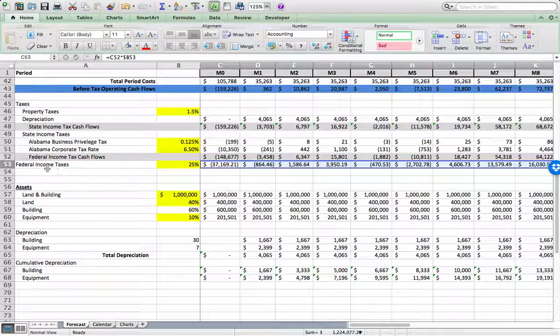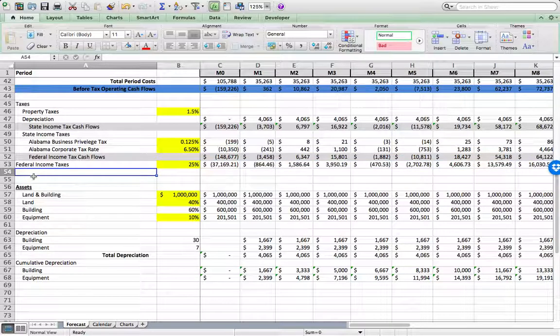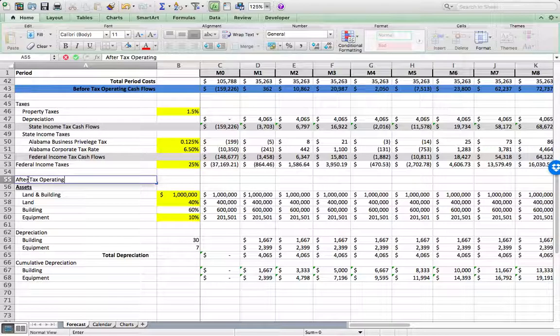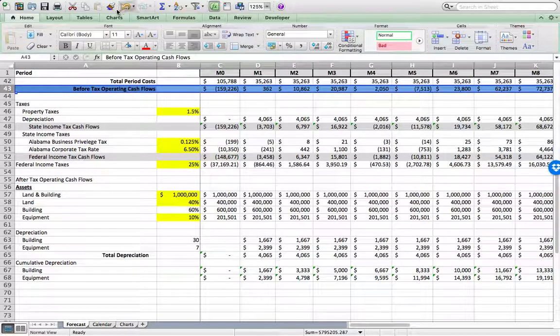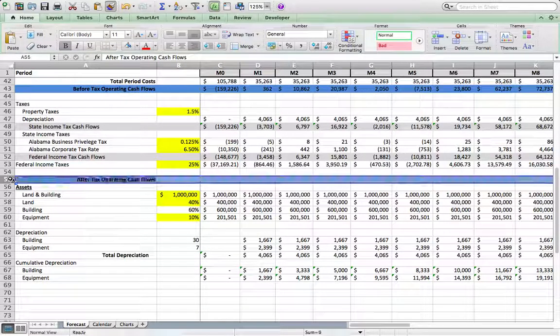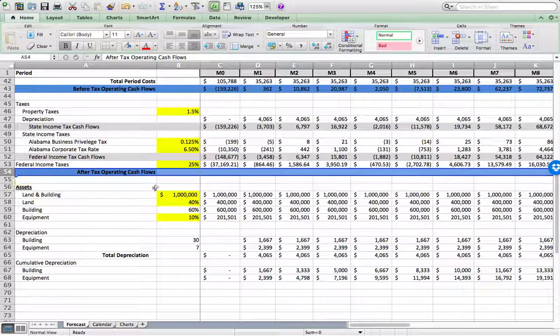All right. And so now we are in a position to calculate our after-tax operating cash flows. All right, I'm going to just format that the same as over here. Probably could drag that up one, but you need to pay attention here because we've got one little thing we've got to consider.